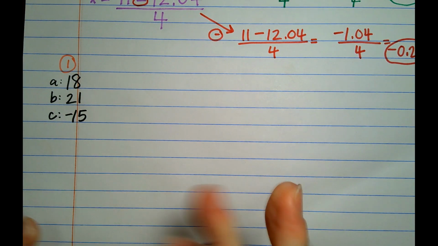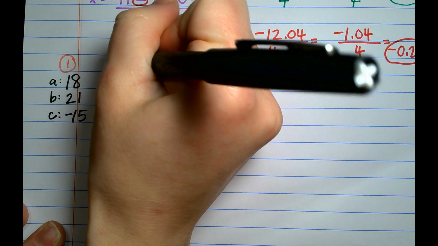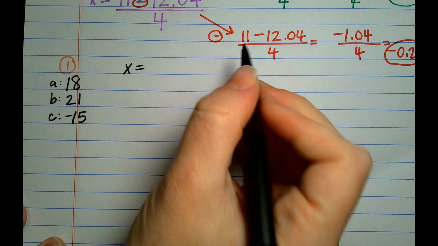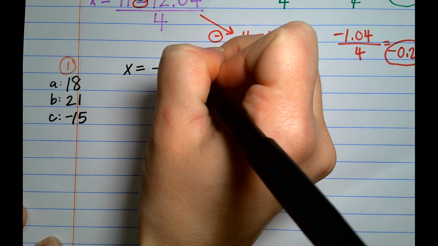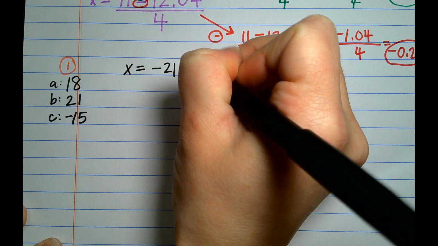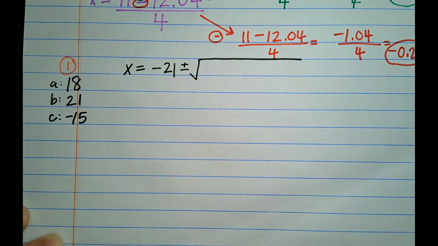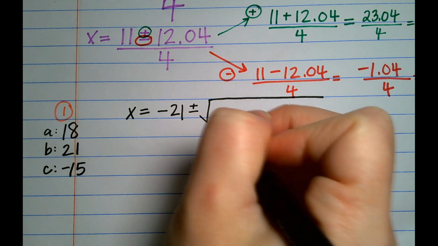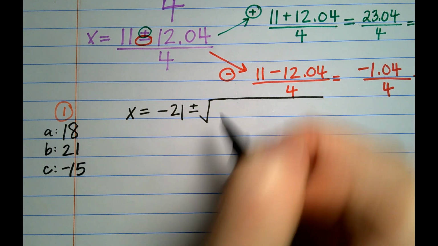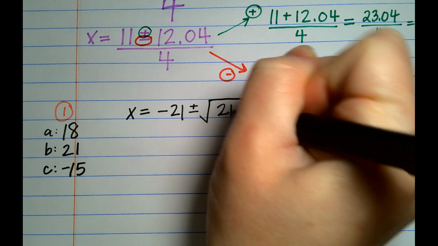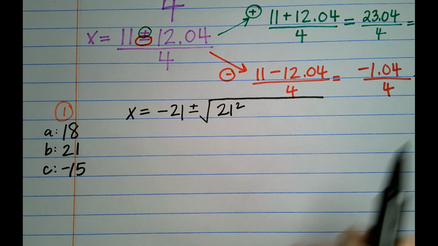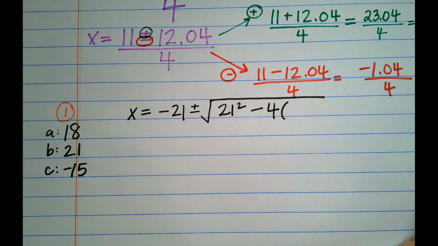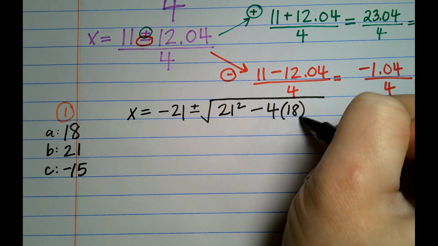So, let's start plugging stuff in. I have X equals, what comes next? -21 plus or minus the square root of what comes next? 21 squared, which will become that number, yes. 21 squared minus 4 times what? 18 times what?